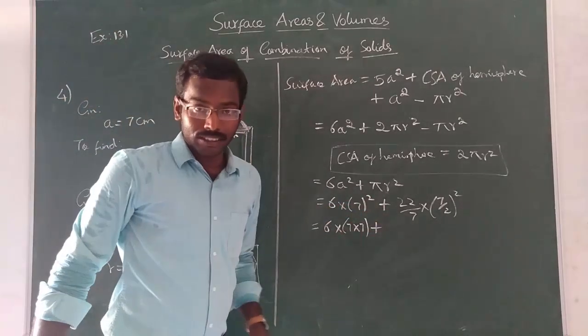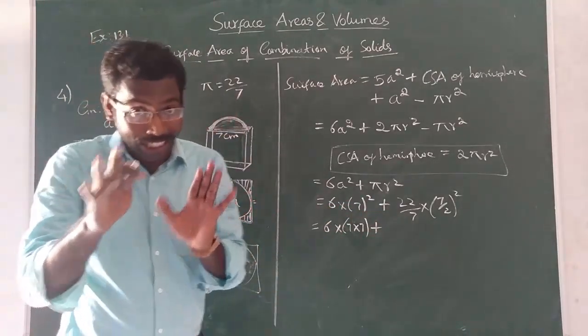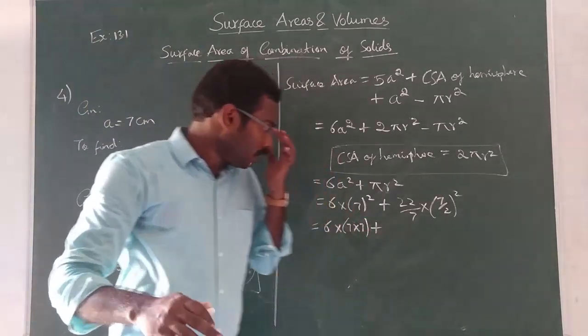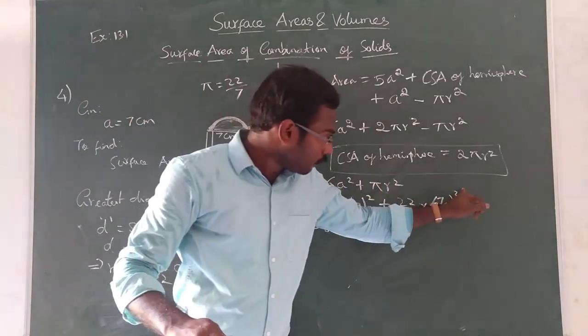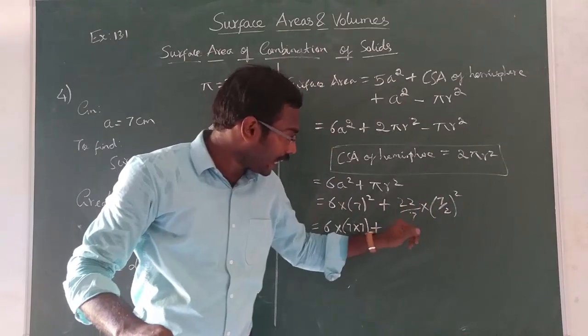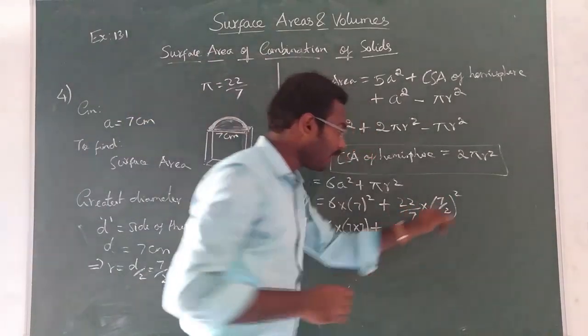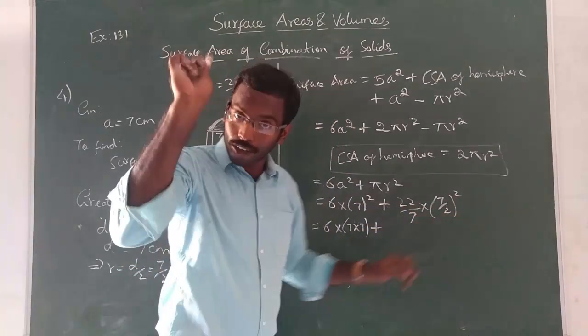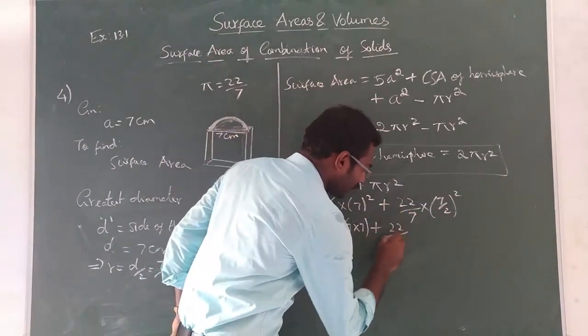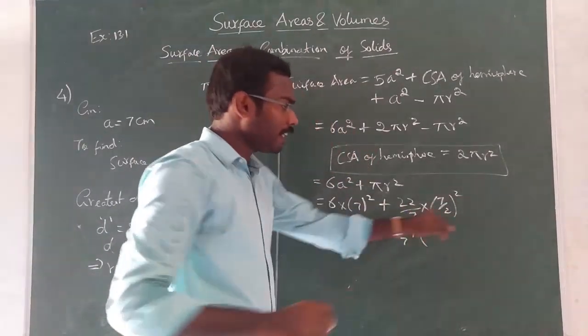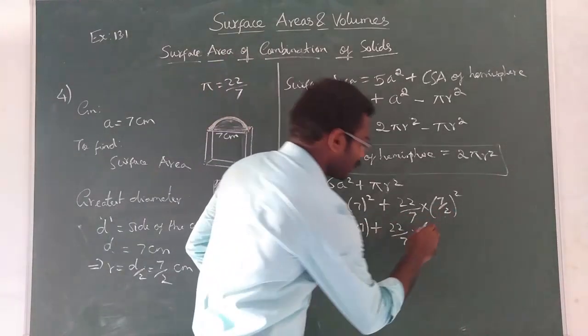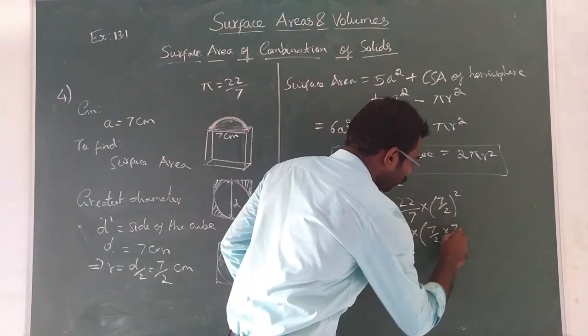Here you see, some students make a mistake here. Please listen carefully. Suraj, listen. Sometimes, even though a square is there, some children will directly cut this 7 and 7. You cannot cut like that because here what is there? Square is there. So first write that. So 22 by 7 into 7 by 2 square means 7 by 2 into 7 by 2.